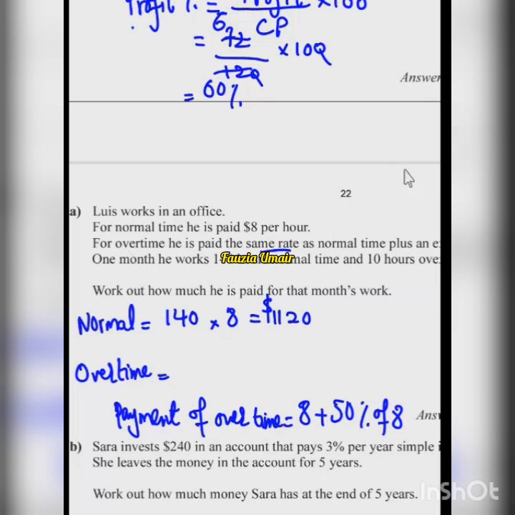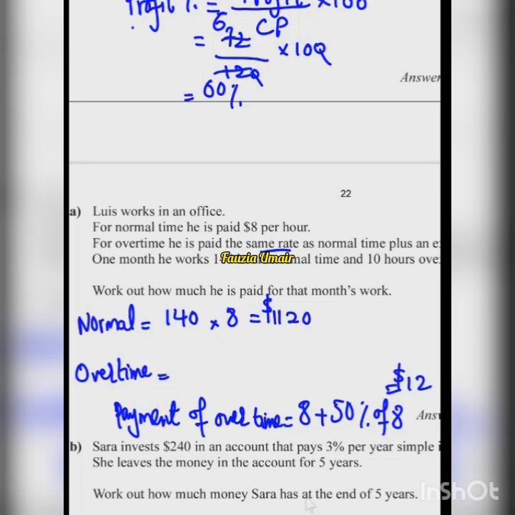For overtime, he's paid the same rate as normal time, plus he's getting 50% extra. So it means that he's getting the same amount, that is $8, plus he's getting 50% extra. So 50% of 8 is 4. So how much total he's getting for overtime? He's getting $12 instead of $8. Are we clear? Okay, how is this $12 calculated?